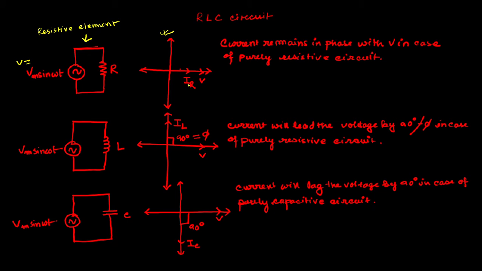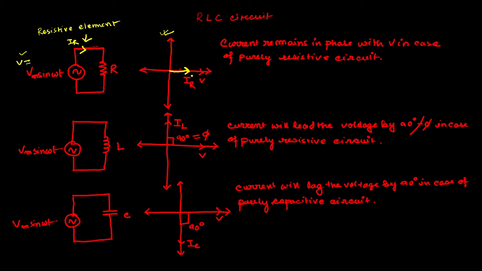Now, in this phasor diagram, we can see that this vector is representing the voltage V, right? And the IR vector is representing the current through the circuit. Let's say this one is IR, right?